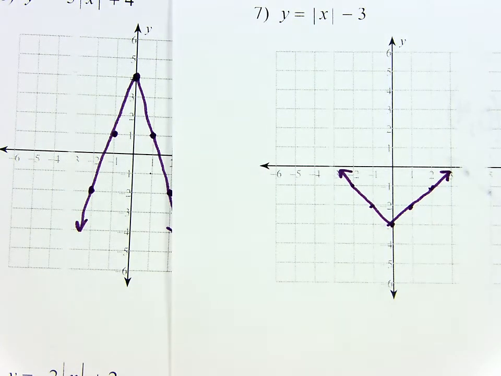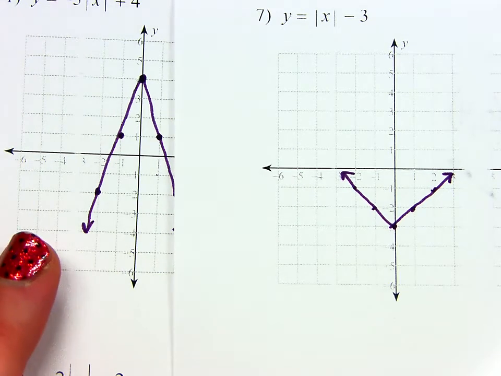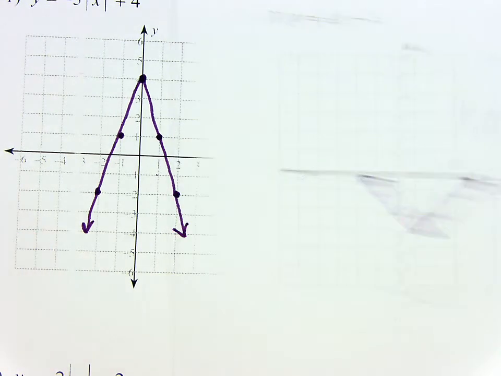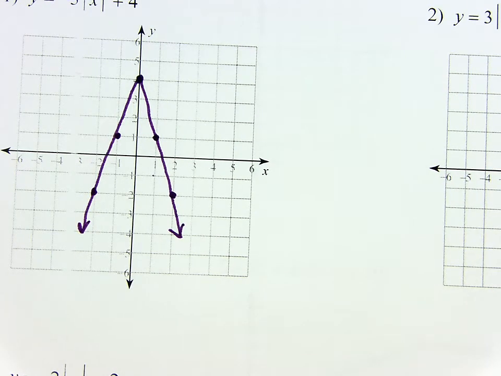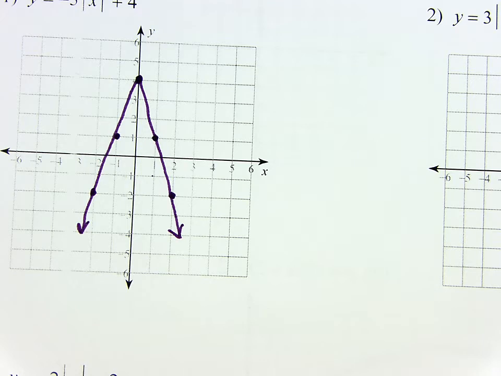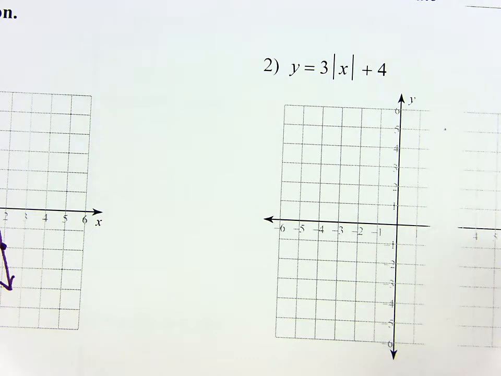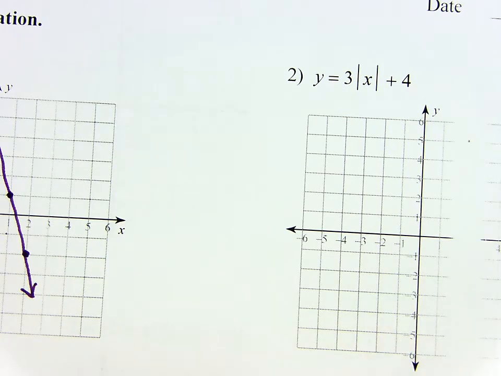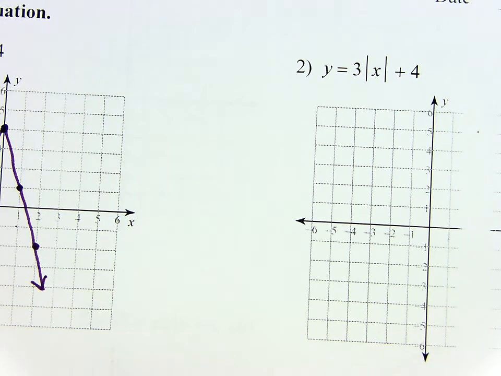Yes, if A were a fraction, like a half or a third, some fraction that was less than 1, that would get me a wider V shape. Oh, you guys are so good. Okay, so there's that one. Okay, let's go ahead and we'll finish 2, 3, and 4. Those ones you should be okay to do. And then we'll talk about the rest of them in a minute.